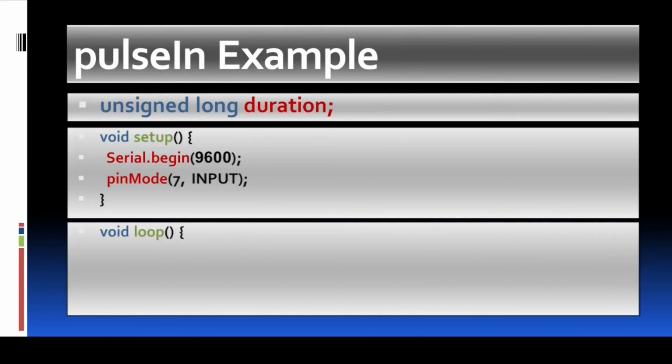Next is void loop. This loop repeats itself till the controller is running. Here we put the pulse value in the variable duration. As you can see, we use pin number 7 and want to measure high pulse duration. In this function, we serial print the duration time in microseconds.